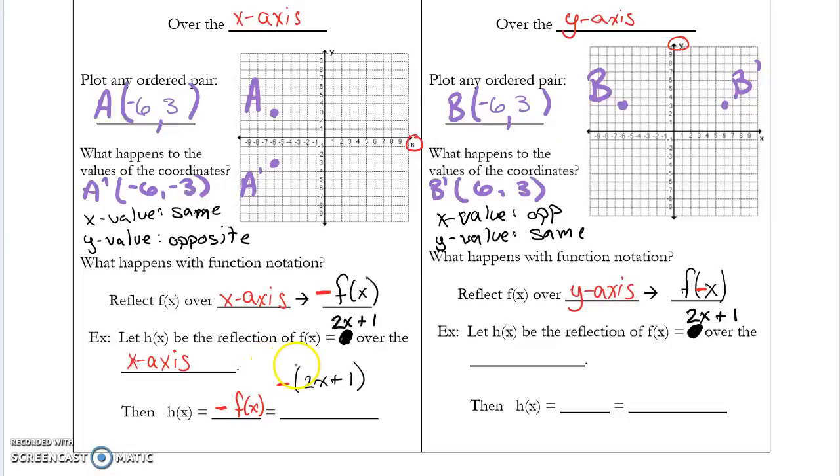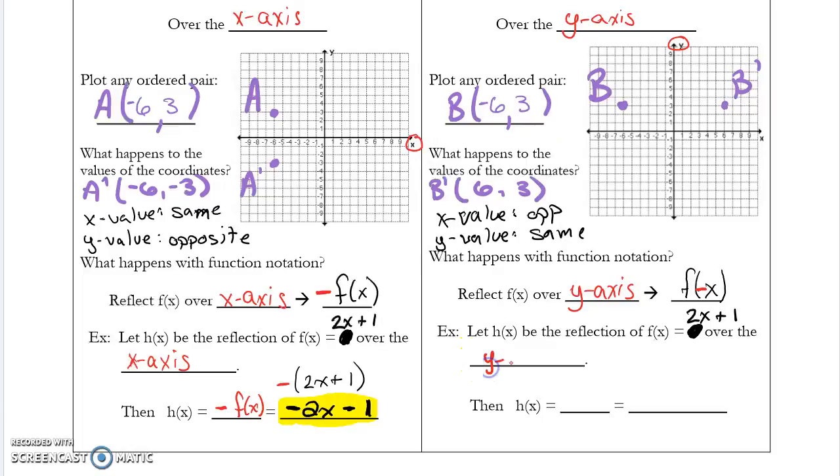After distributing this, I'm going to have -2x minus 1. That's the function that represents the reflection of the original function, positive 2x plus 1, is going to be negative 2x minus 1. That's going to ensure the opposite y value, but the same x value.